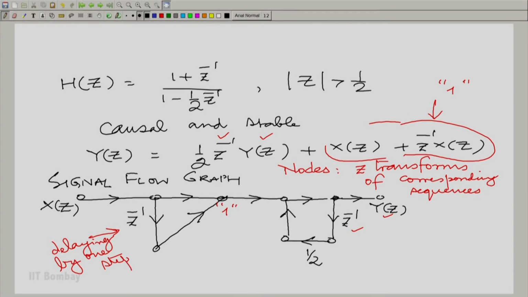So, as you can see, the rules for the signal flow graph are the same here, only the components are different, the interpretation of the nodes is different. The nodes are interpreted as Z transforms of the corresponding sequences. The nodes are, of course, different sequences at different points.